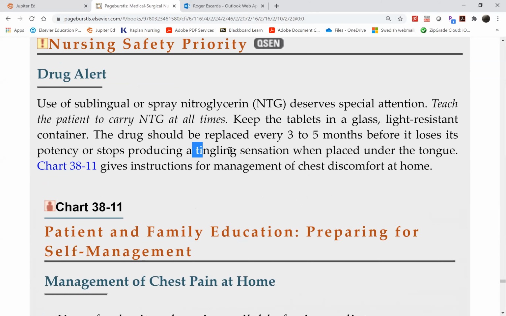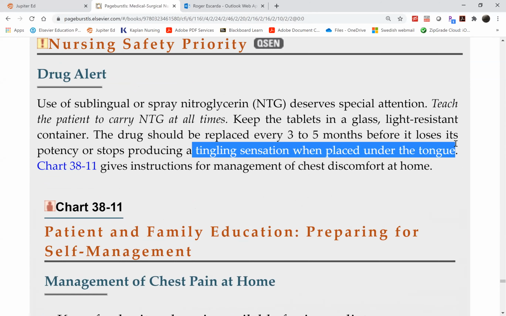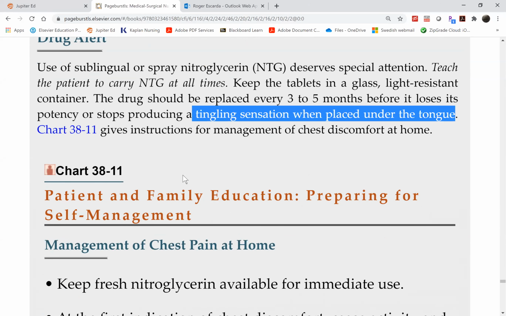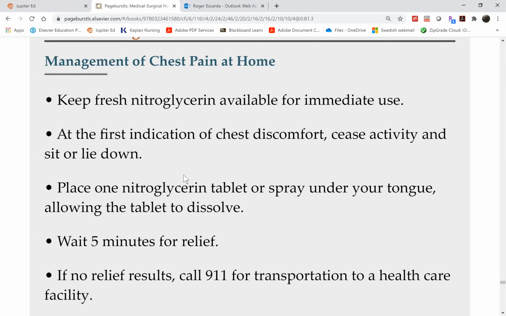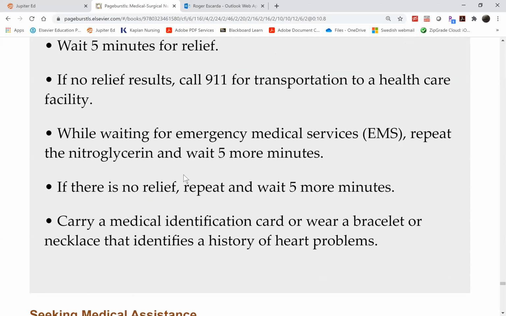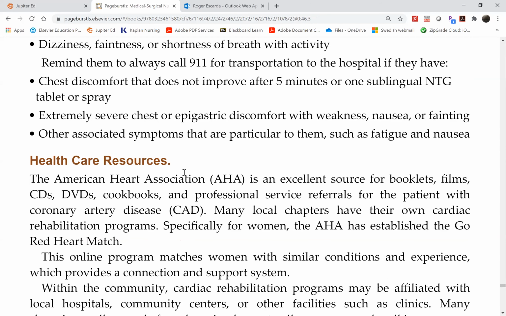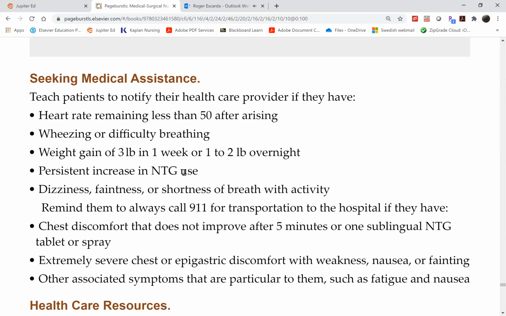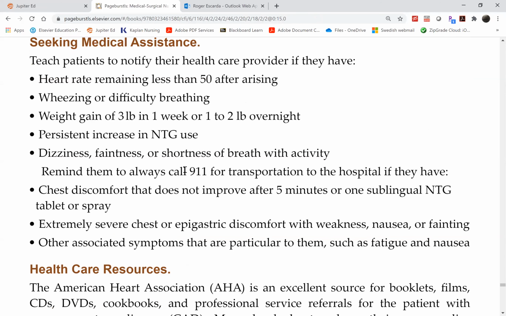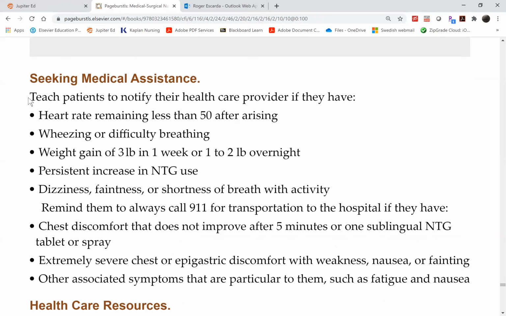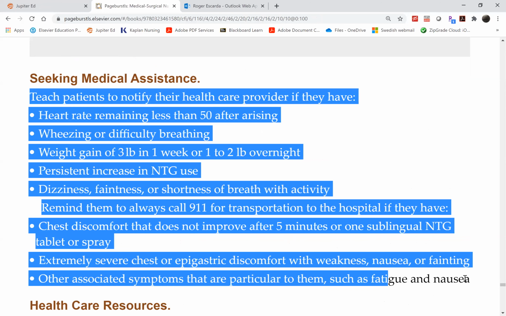There should be a tingling sensation when used. It should not be swallowed. Okay. Again, this is your teaching. There's no beta blocker teaching, because that was covered in chapter 35. All right, so these are your teaching.